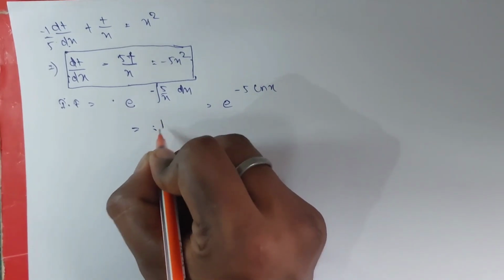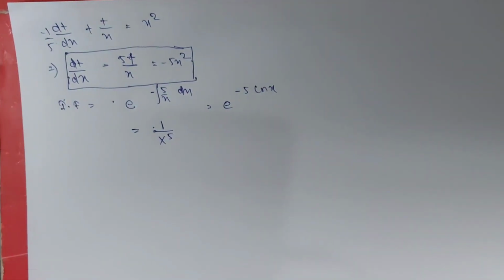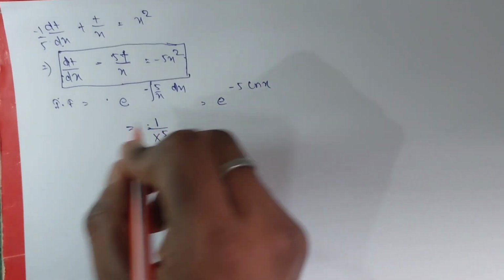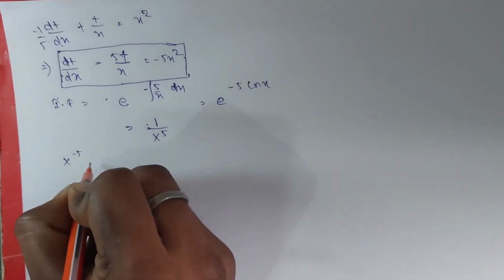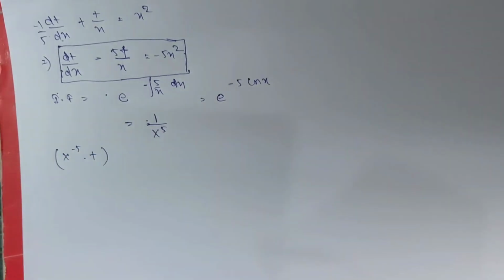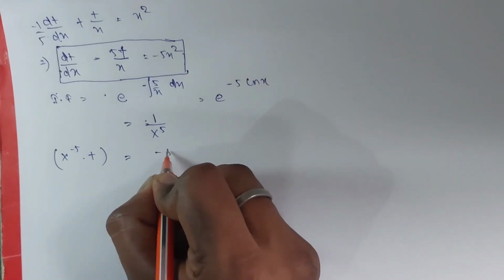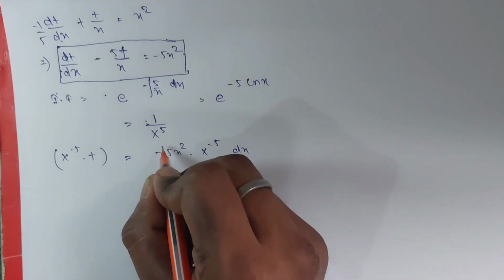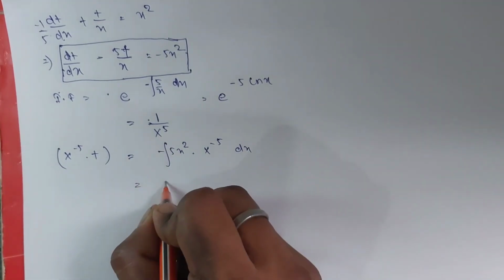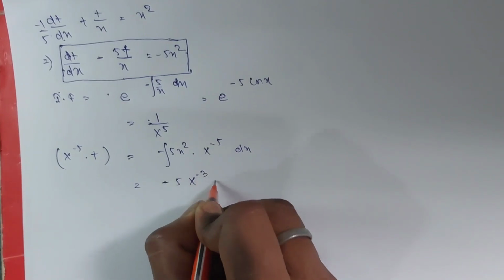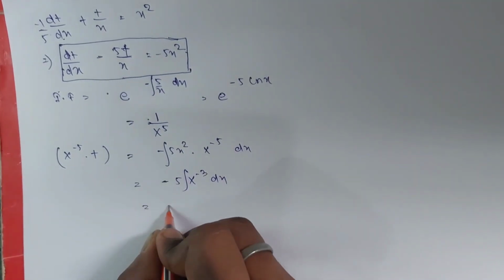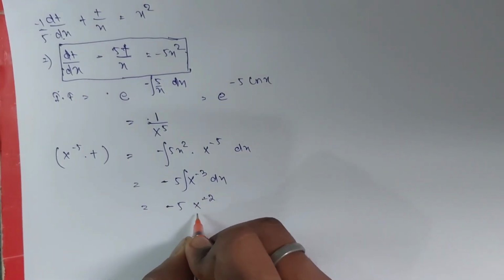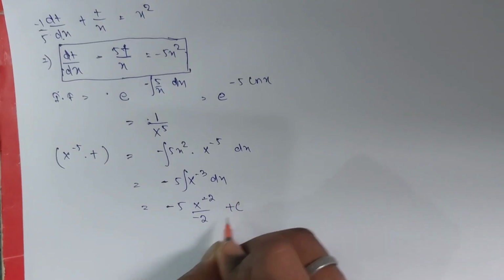Now we multiply by 1/x to the power 5 on both sides of this equation, then it becomes x to the power minus 5 times t equals integral of minus 5x square times x to the power minus 5 dx, which becomes minus 5 integral of x to the power minus 3 dx, and it becomes minus 5 x to the power minus 2 divided by minus 2 plus c.